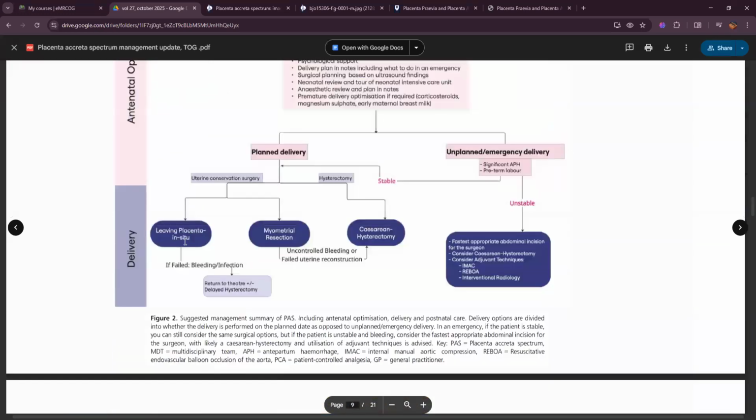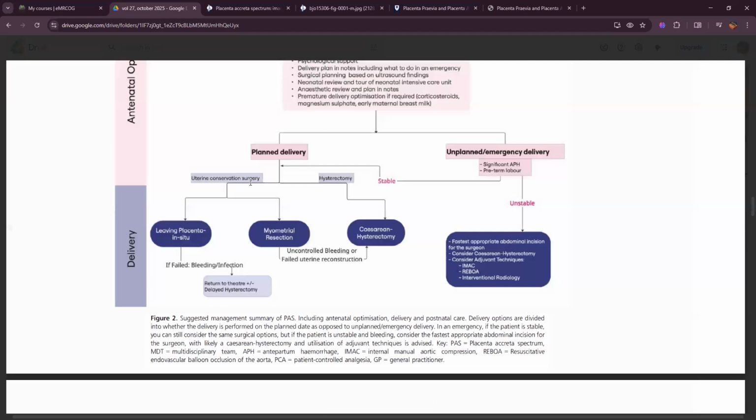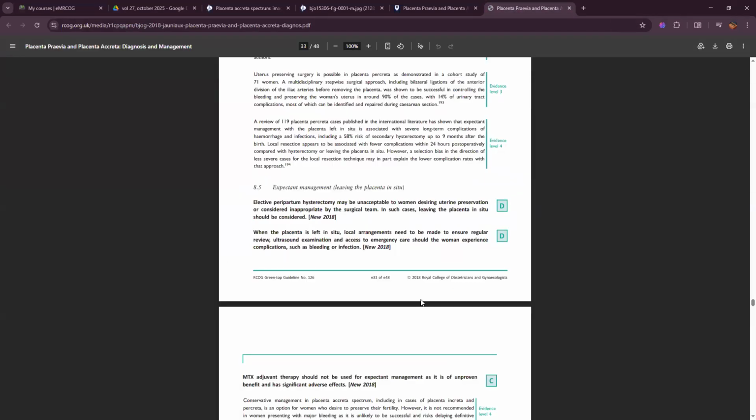We can leave it in situ when we are looking for uterine conservation surgery, or we can leave it in situ so that the patient can have an elective hysterectomy later on when there is an appropriate surgical team, because I cannot do it. I don't have enough experience to do a hysterectomy, or I don't know where the placenta is invading actually.